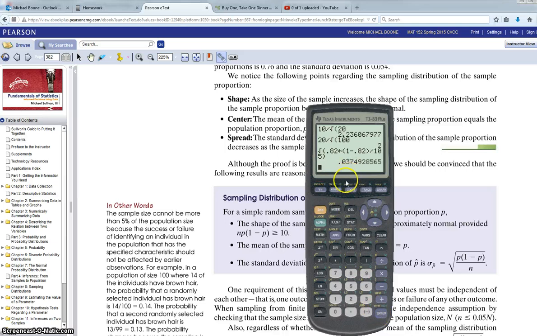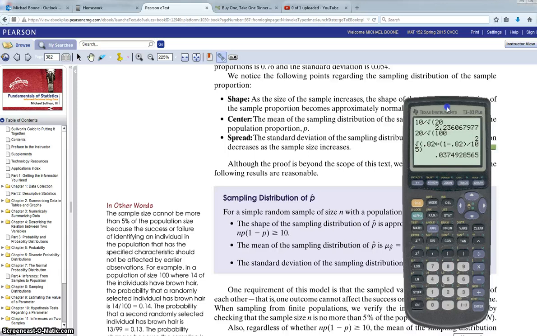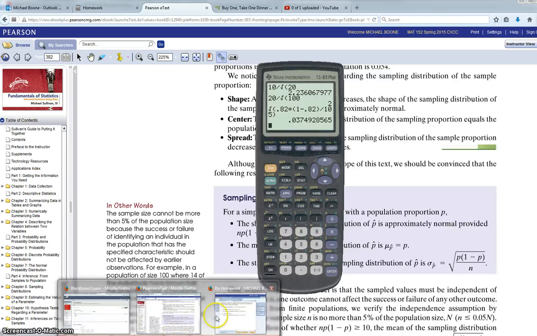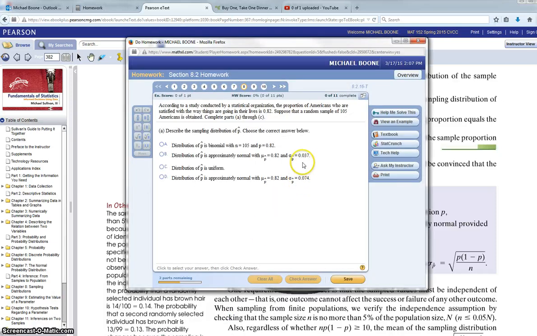I get a standard deviation of my sampling distribution of 0.0375. Let's see if that's one of our choices. And to 3 decimal places it is 0.037. So we got our mean of our sample proportion is our population proportion, and our standard deviation of our sampling proportion is 0.037 by using this formula.